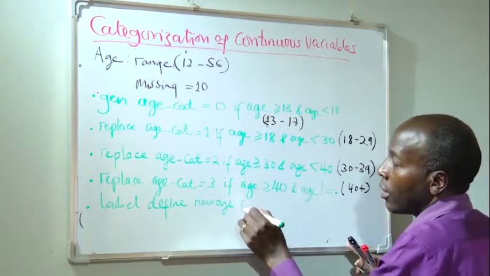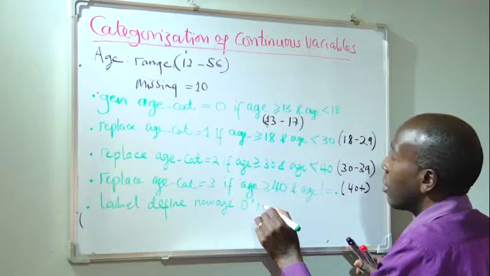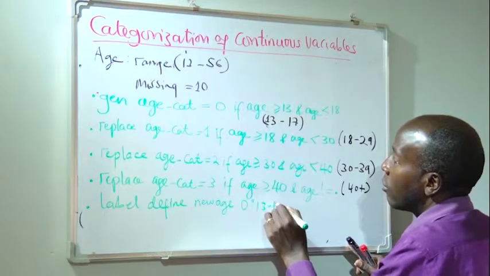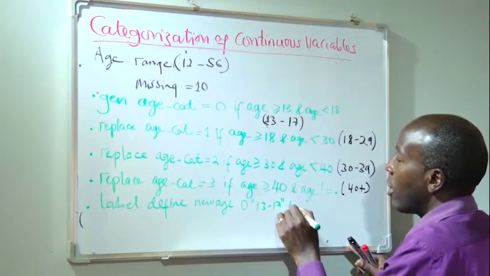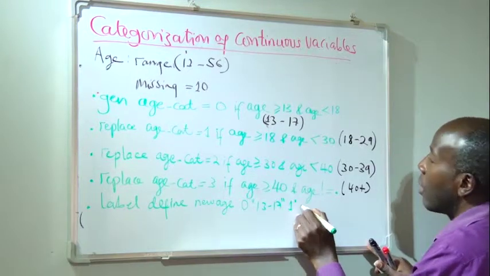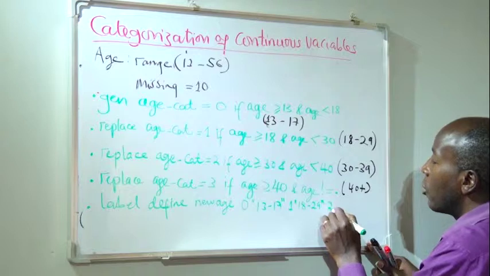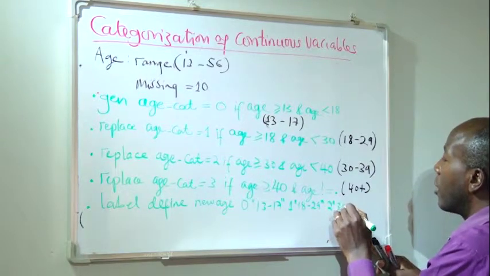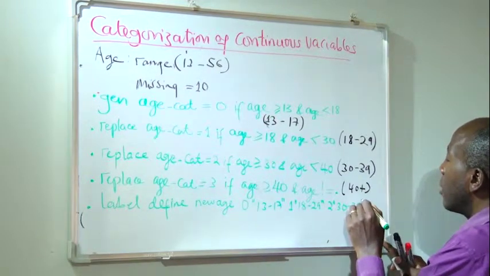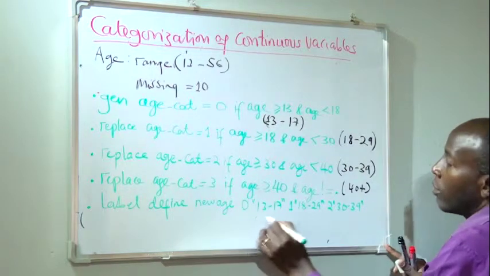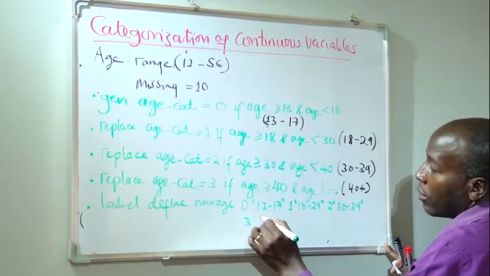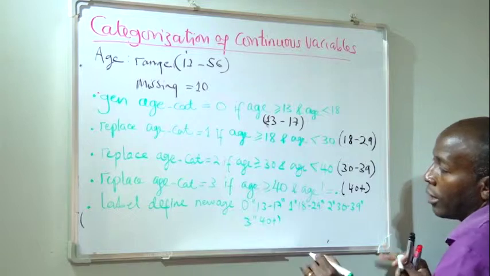New age, and I say 0 is 13 to 17, 1 is 18 to 29, 2 is 30 to 39, and 3 is 40 plus.